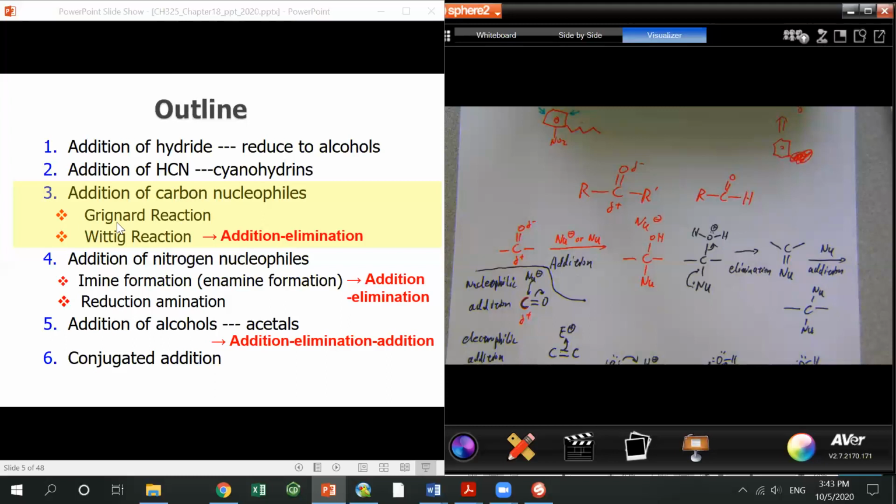These three will just give alcohol pretty much, or cyanohydrin. But some reactions push one more step: addition followed by elimination. That's the Wittig reaction and also the imine formation reaction. These two do two-step reactions. And the most difficult one is acetal formation, which does three steps: addition, elimination, addition. So that's all three finished.